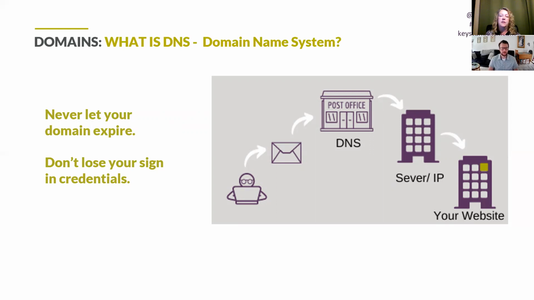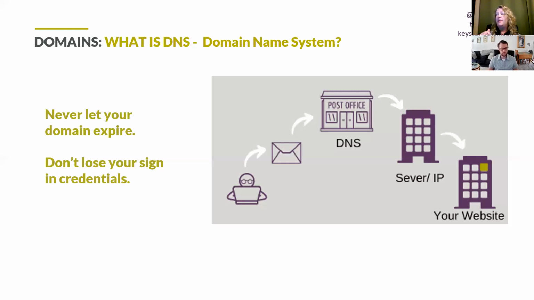The DNS system is like the post office. It connects that street address, or that number, to the name we commonly call it. So I'm going to use the example that you see here. Somebody's going to send a message or wants to look at my website, Keystone Click. Their message first makes it to the post office, which is the DNS.